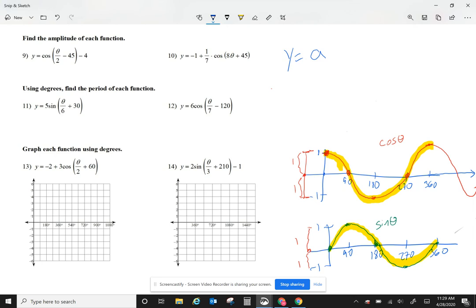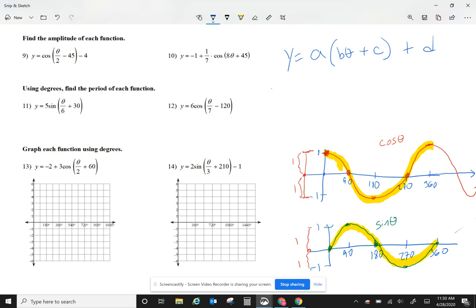My a will be a number, any number that I want. And then let me call this b theta. My b will be any number, plus c. And then let me add a d right here at the very end.